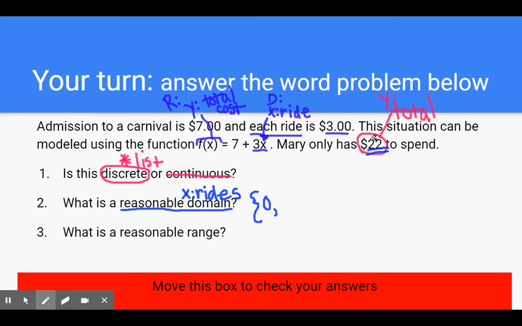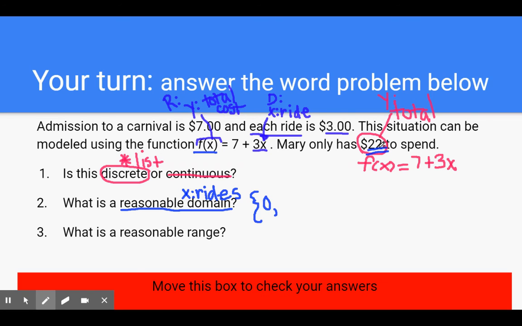So I'm going to take 22 and plug it in for my y value because I know that 22 is my cost. If I plug this in for f of x, I can work backwards and say, how many rides can I ride? So if I take the equation, f of x equals 7 plus 3x, you want to recognize, what do they give me?